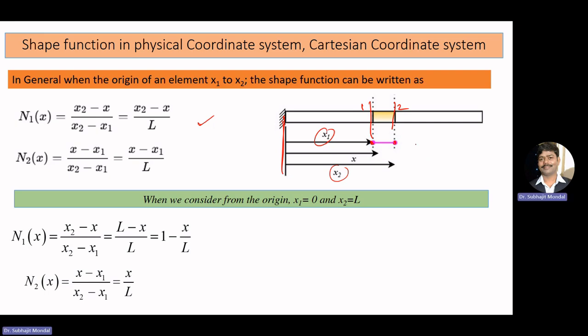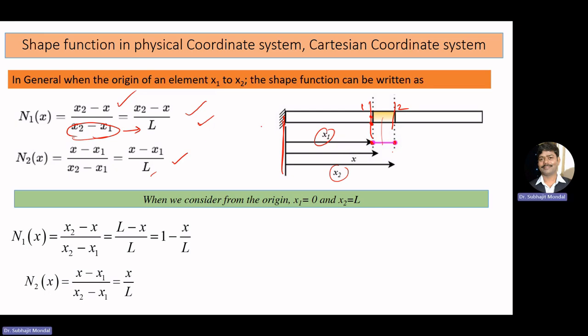Then the shape function for node 1 can be written like this: x2 minus x, divided by x2 minus x1. Now x2 minus x1 is nothing but the length of the element. So the shape function at node 1 will be (x2 minus x) by L, and for node 2 it is basically (x minus x1) by L.